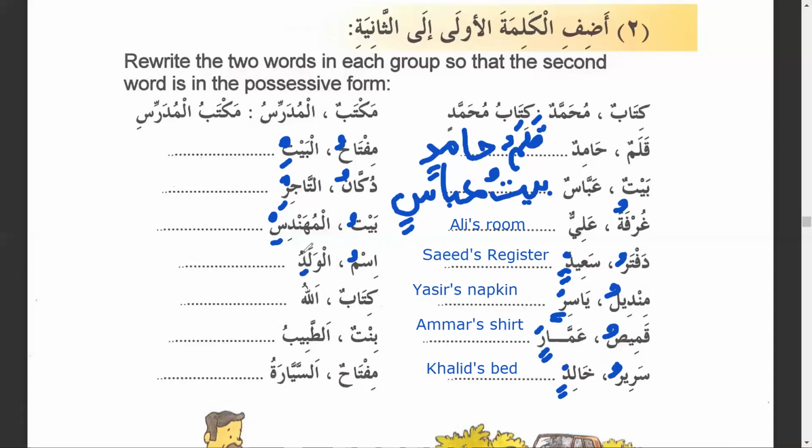Ismul Waladi. Walad means boy. Kitabu Allahi. Kitabullahi.